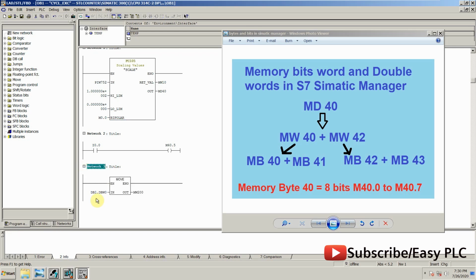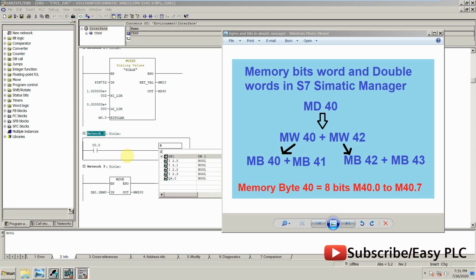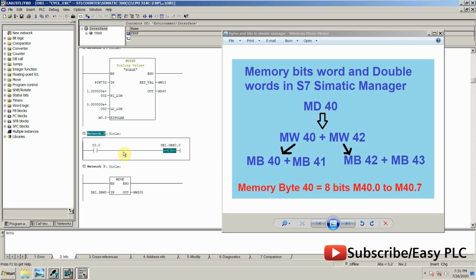And again, the same thing goes for the data registers also. As you can see, I am moving a value of DB1 to memory word 200, and the same is the scenario with this one. If somebody turns on this input, for example, DB1.DBX0.0, this is the first bit of this memory word, word 0, which is inside this TP1.